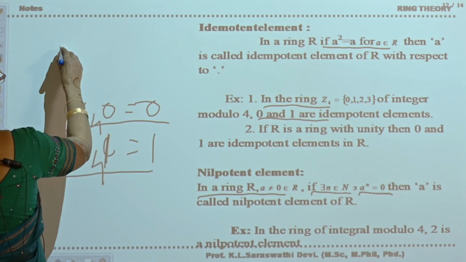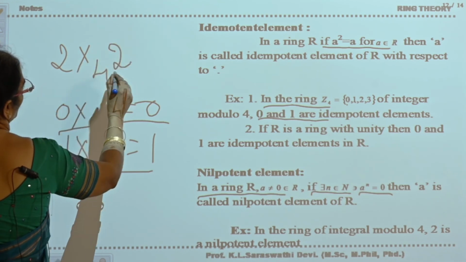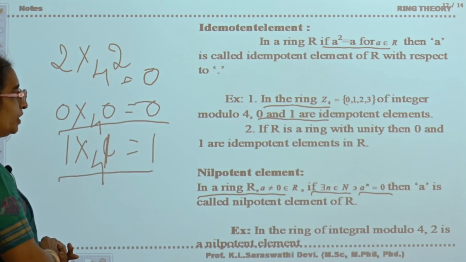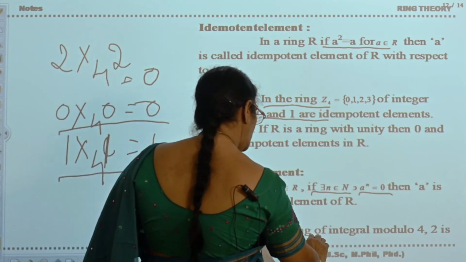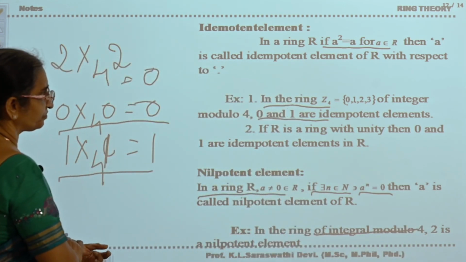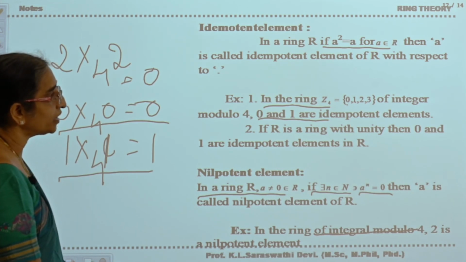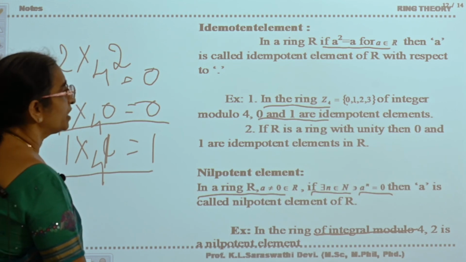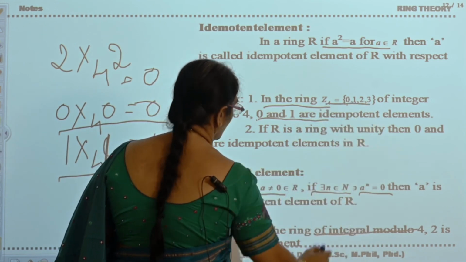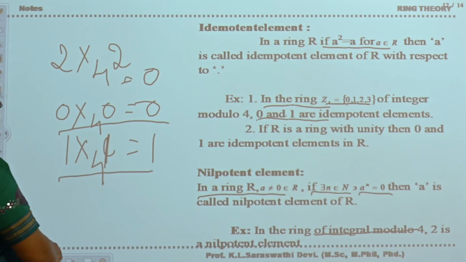What is 2 multiplication modulo 4, 2? This is 4, and 4 divided by 4 leaves remainder 0. Therefore, in the integers modulo 4 ring, 2 is a nilpotent element, while 0 and 1 are idempotent elements. Now is it clear, the definitions?